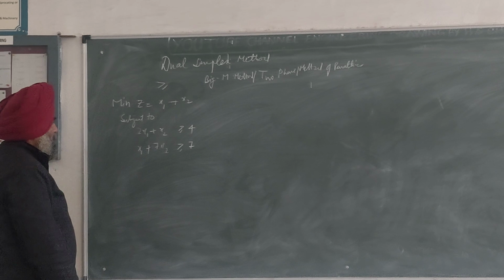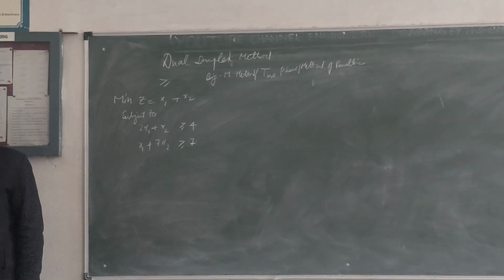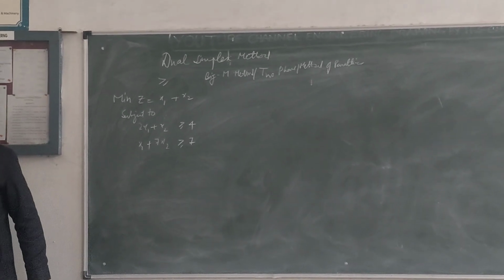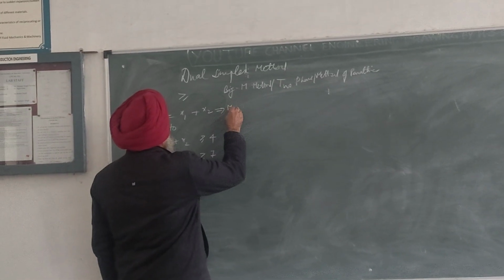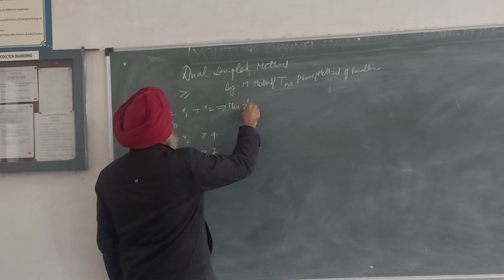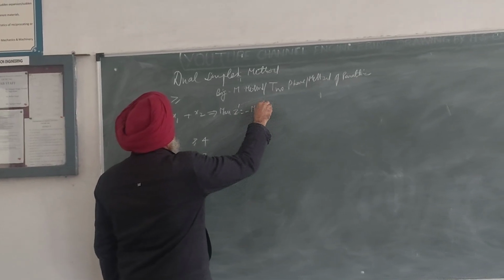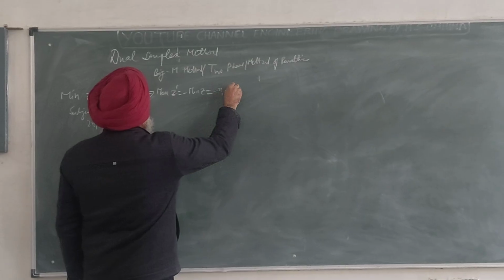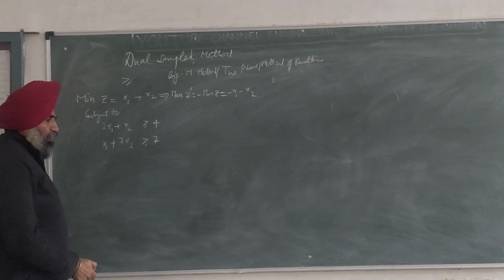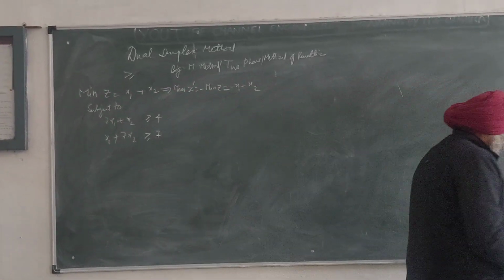If you look at this problem, we'll convert this into the maximization type. This is maximum z dash is equal to minimum of z. What is there? Minus x1 minus x2, clear? And what I do here, same thing.